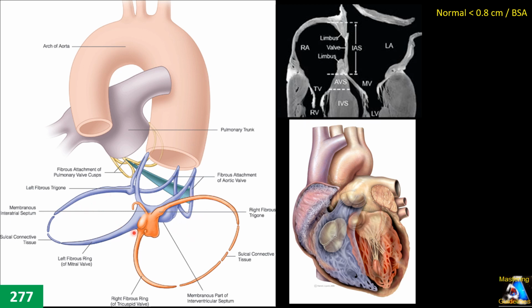That is the reason we never get those two valves, especially the rings, in the same plane. We have to approach each of them a different way, which I'm going to talk about shortly in the echocardiographic diagnosis of the tricuspid valve.